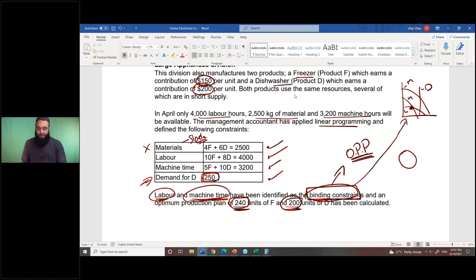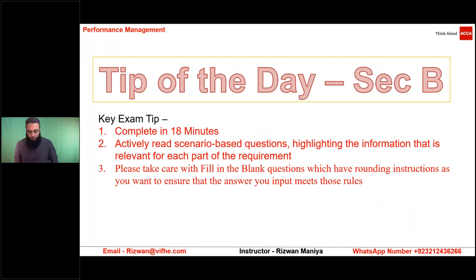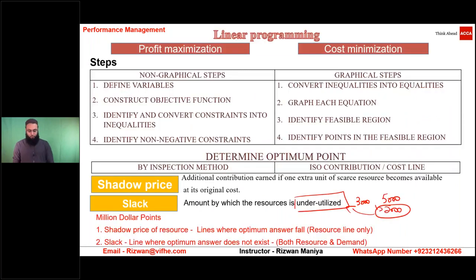So the other two lines where the optimum answer is not available, there will be slack. So whenever, remember, the lines where the optimum answer falls is where the shadow price will be available and slack will not exist. So see here, shadow price, lines where optimum answer falls, you can work out the shadow price.